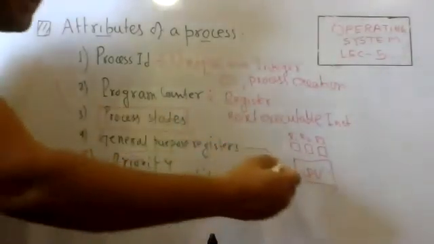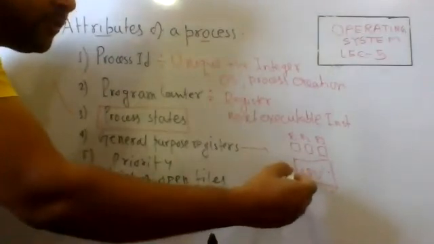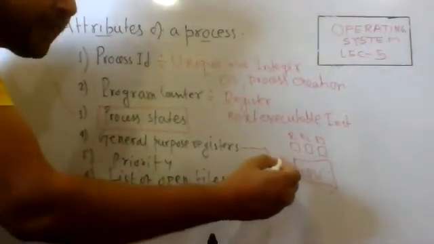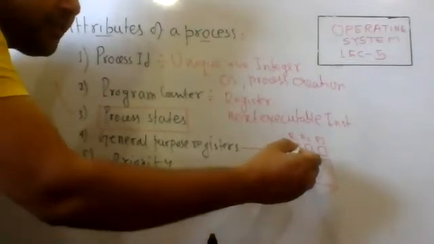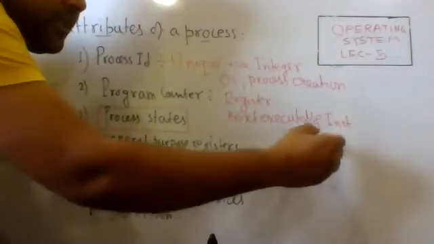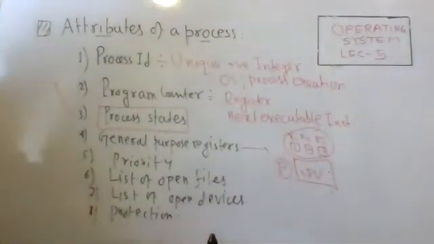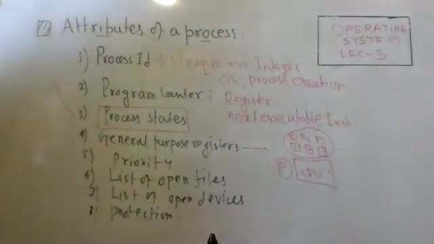So suppose process P is executing in CPU, it may have some numbers stored in R1, R2, R3, etc. So this is called general purpose register. So a process may have some general purpose registers used during its execution.